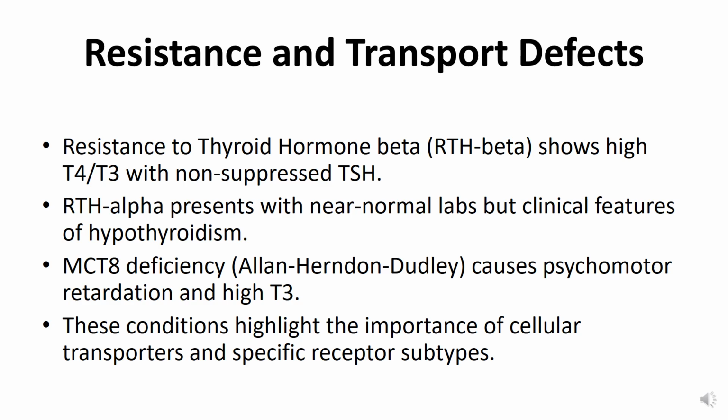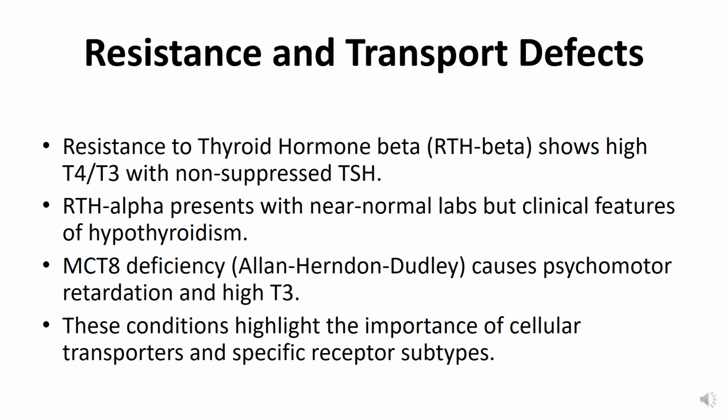Another rare disorder is resistance to thyroid hormone alpha, or RTH-alpha. This condition involves mutations affecting the thyroid hormone receptor alpha subtype. Unlike RTH-beta, laboratory testing may appear nearly normal. T4, T3, and TSH levels can fall close to the standard reference range, making diagnosis much more difficult.